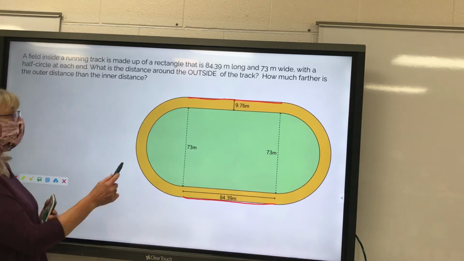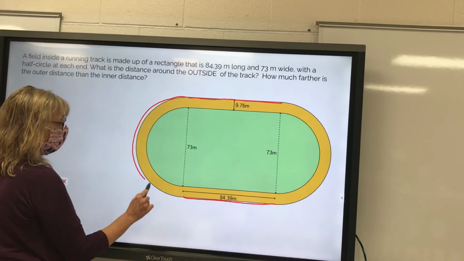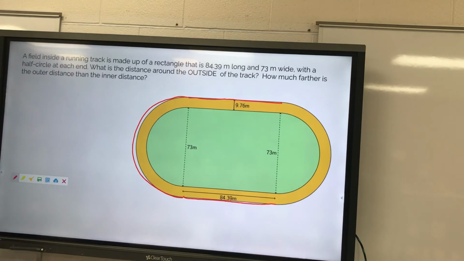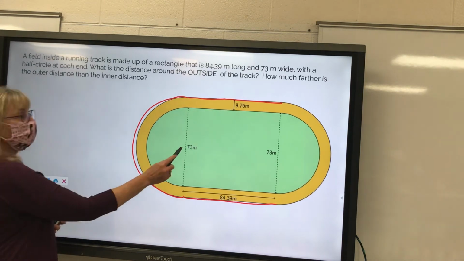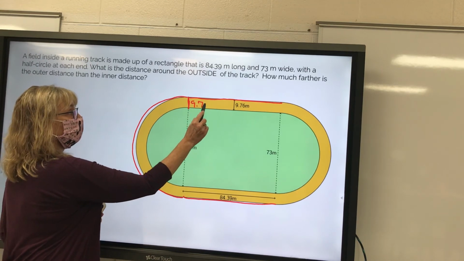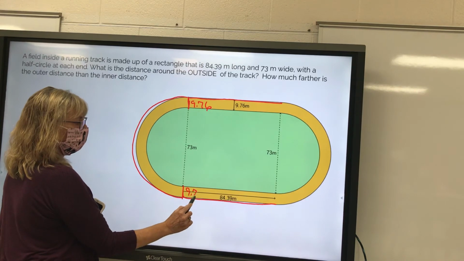Yes. But now I'm running here. Is my diameter still 73? Nope, because my diameter is going to include this 9.76 and this 9.76.